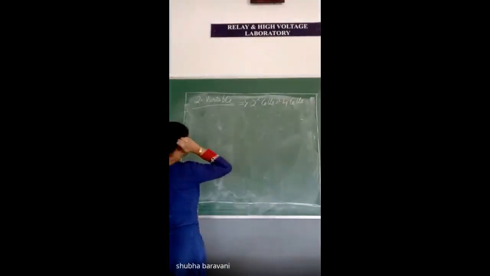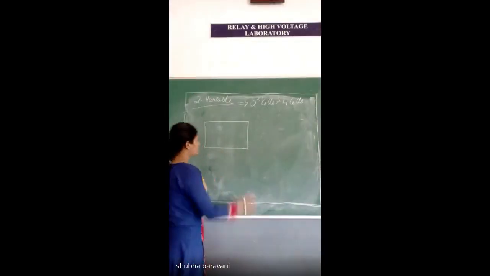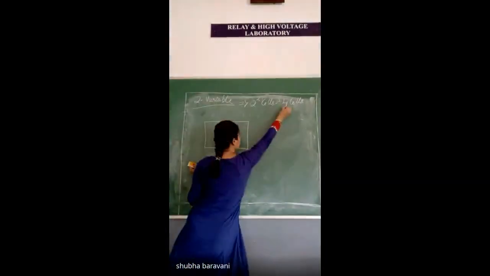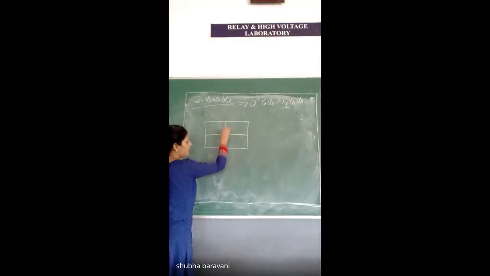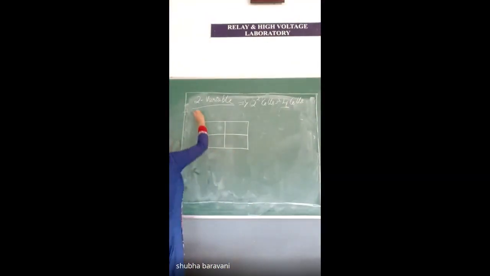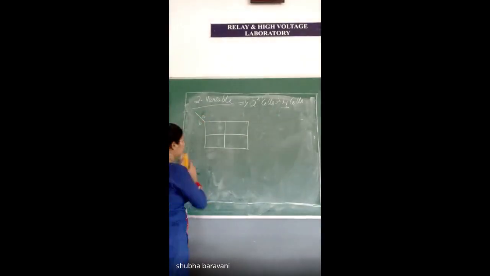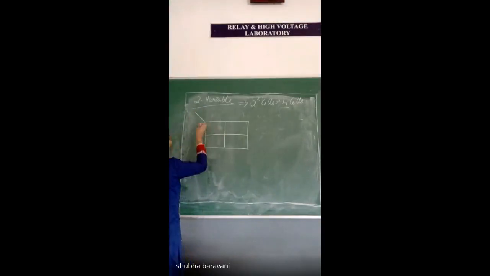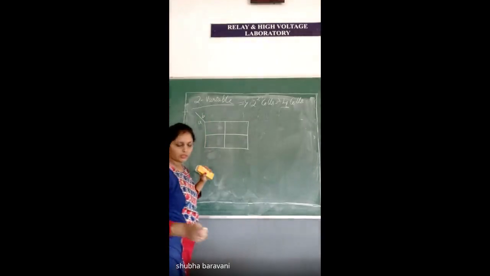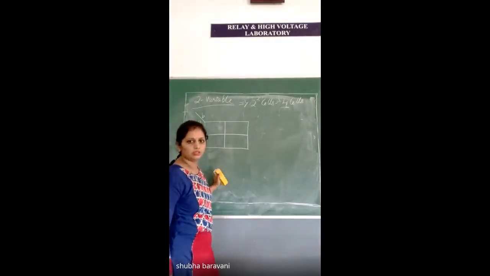So while drawing a K-map, first we'll draw a box which should have 4 cells. You bifurcate the box. You can write A here and B here. There is no harm in changing these positions. Up till here, was that understood?